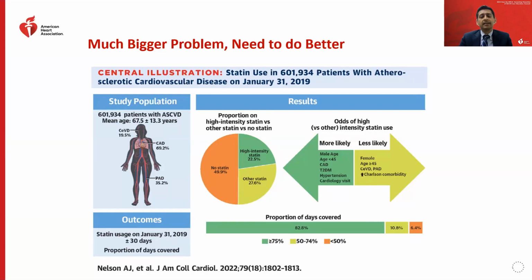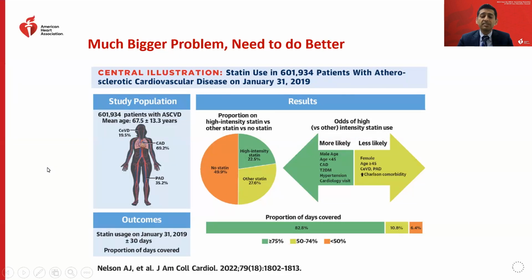The problem here is that we have all these cool tools, but many of our established ASCVD patients are not even on statin therapy. This is a study of patients from 2019 onward, and it looked at over 600,000 patients with ASCVD. About 50% of them were not on statin.